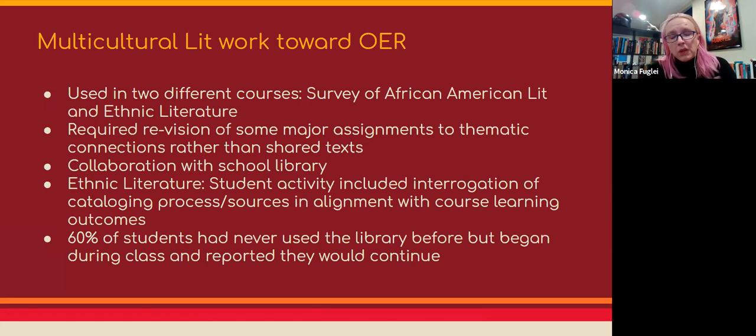And so in ethnic literature, it really included that interrogation of our cataloging process and some reflection on how cataloging might be echoed through those course outcomes. And one of the greatest things that happened in ethnic literature is 60% of the students in my course had never used our ACC library before. By the end of the semester, everyone had.